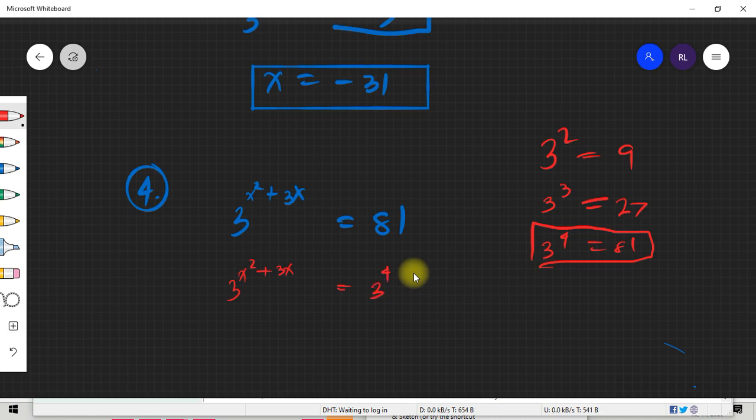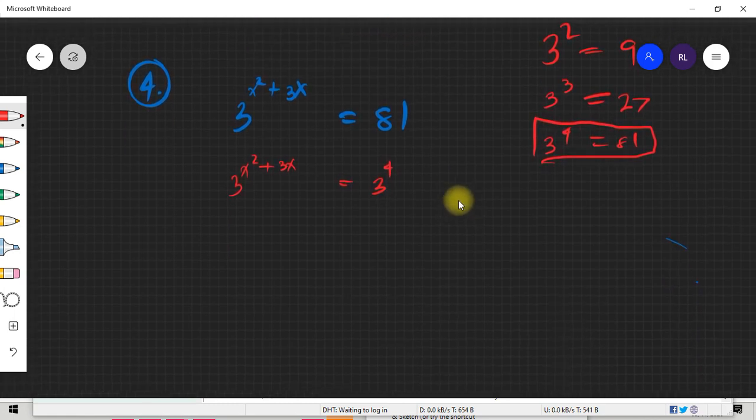Since they are the same base now, we can make an equation of their exponents. Simply x squared plus 3x equals 4. You can see it's x squared, therefore it's a quadratic equation. Since this is a quadratic equation, the right side must be 0.